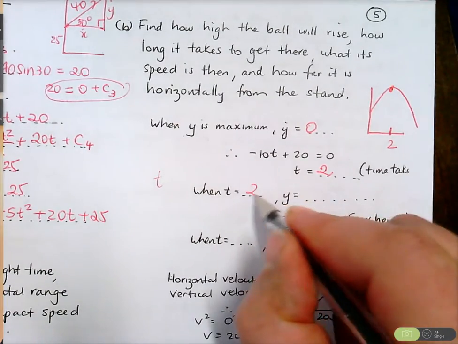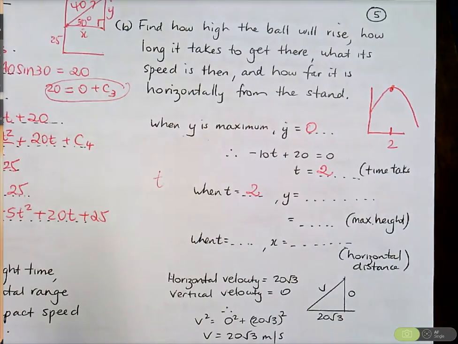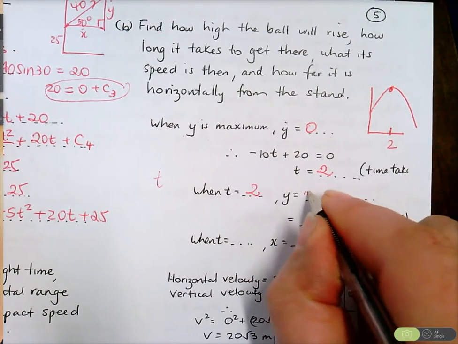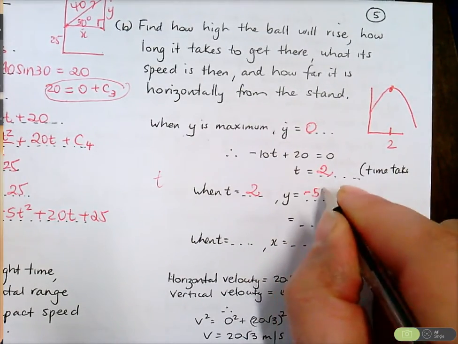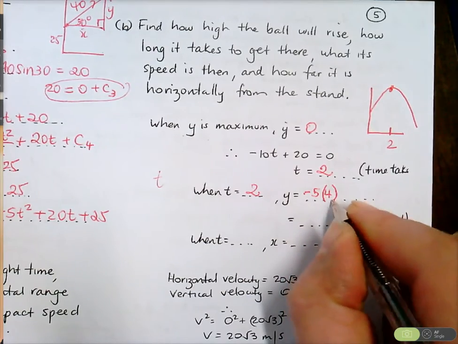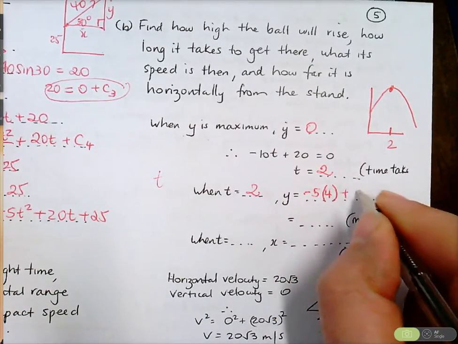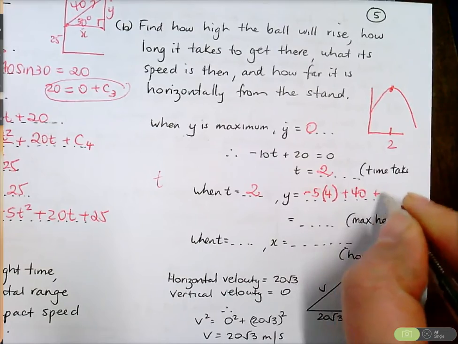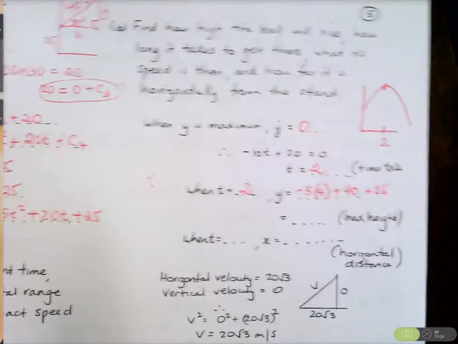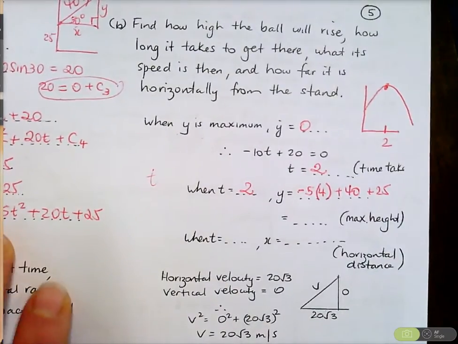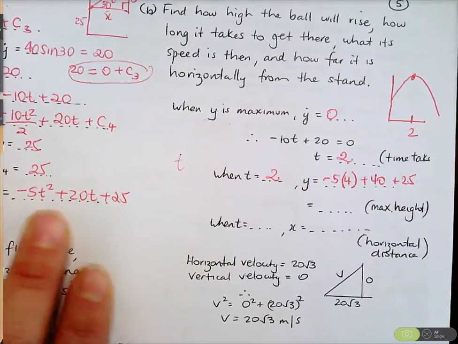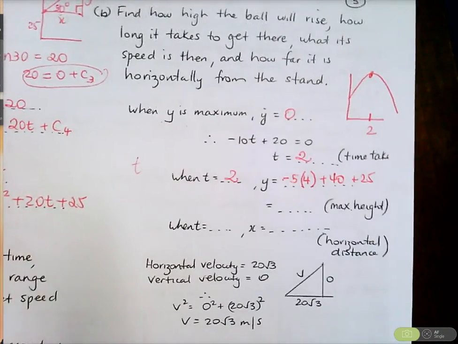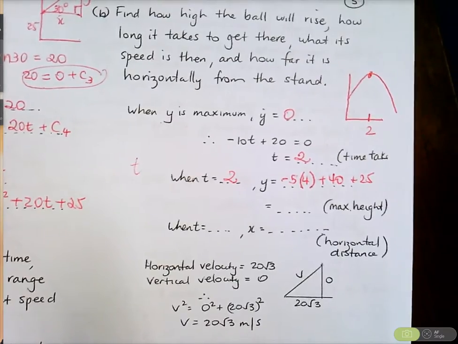So now when t is 2, what is y? The formula is minus 5 times t squared, which is 4, plus 20 times 2, which is 40, plus 25. I'm putting it into the y equation, minus 5t squared plus 20t plus 25. Why not get y dot equals 0?